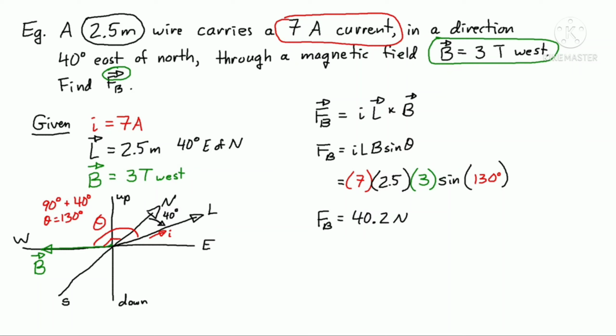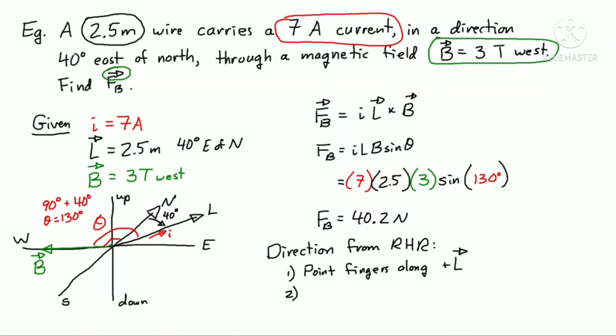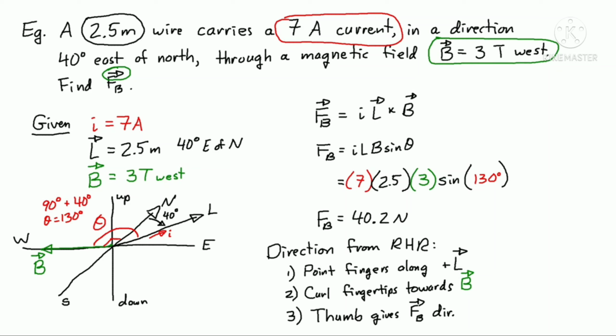If we're using the second form of this equation, we need to use the right-hand rule to get direction. If we use the first form, I L cross B, then the direction comes out of it, but we have to express L and B using vector notation, typically unit vector notation. The unit vector notation that results gives you the direction of F_B.